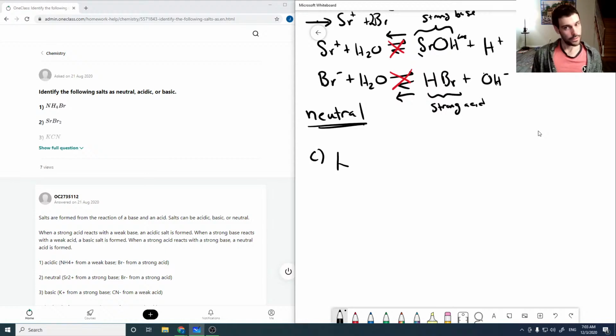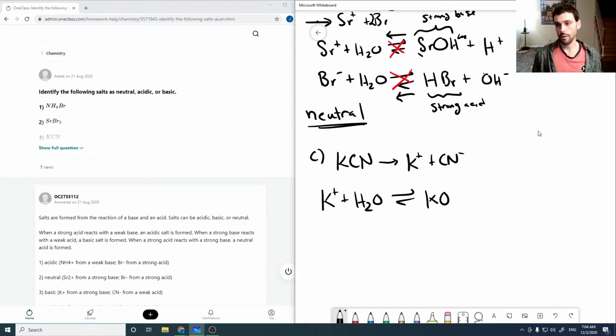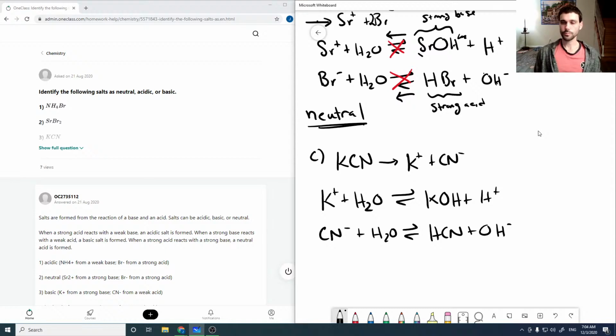So here we have KCN, which is going to completely dissociate to give us our K plus and CN minus. K plus is also just going to give us our KOH, and CN minus is going to give us HCN plus OH minus.